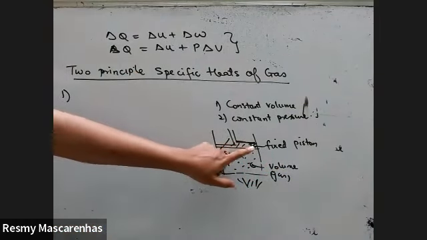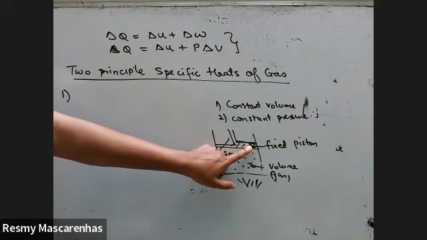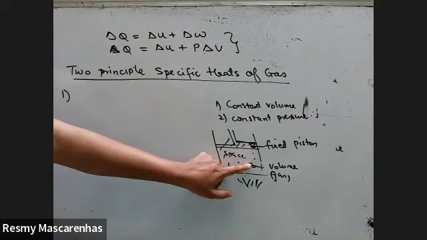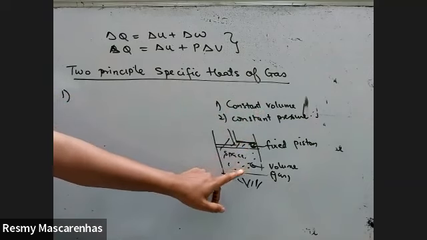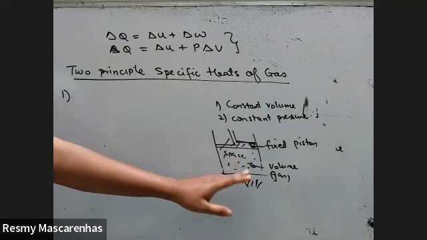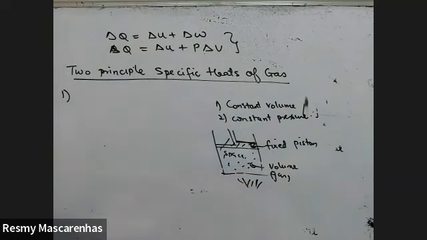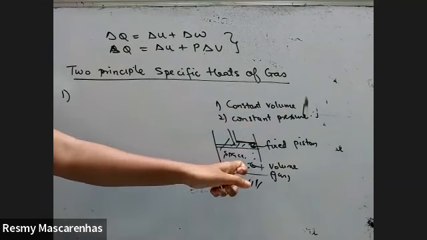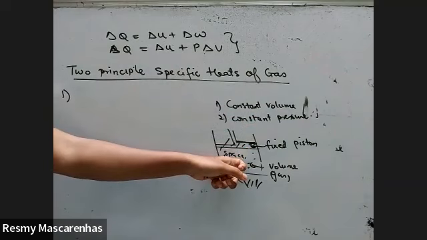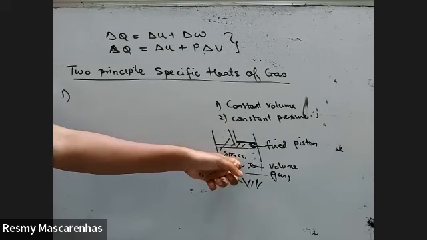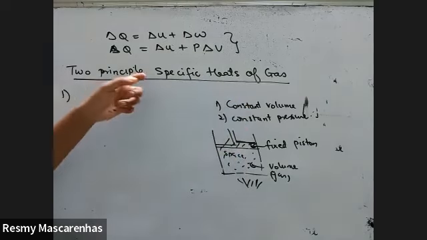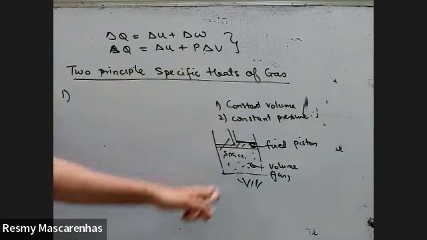If the piston is fixed, you are keeping the volume constant and checking what happens to the internal energy. How much heat is needed to raise the temperature? My aim is to heat up this gas, so how much heat do I need to increase its temperature? So we check the specific heat at constant volume.